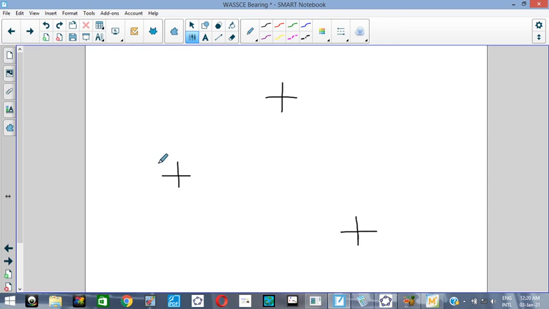So that is X, Y, and Z. So this one moves to this place at an angle of 60 degrees. This is 60 degrees. Take note of that. Then this one turns to this place.